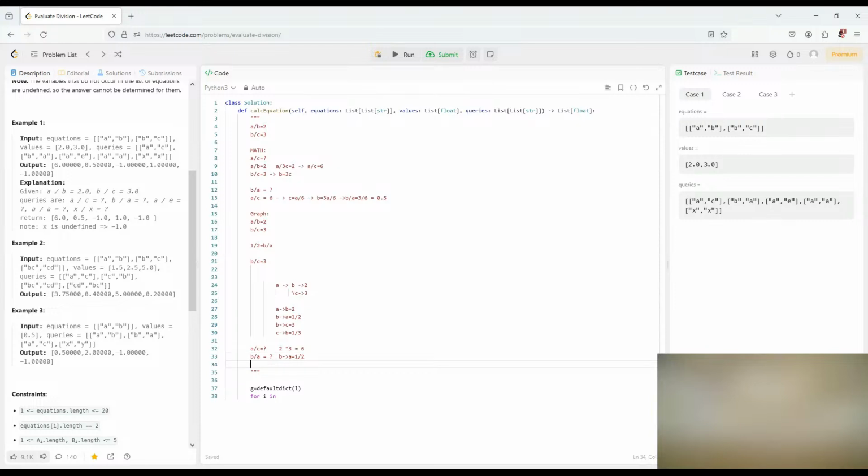And what will be the representation of this graph?